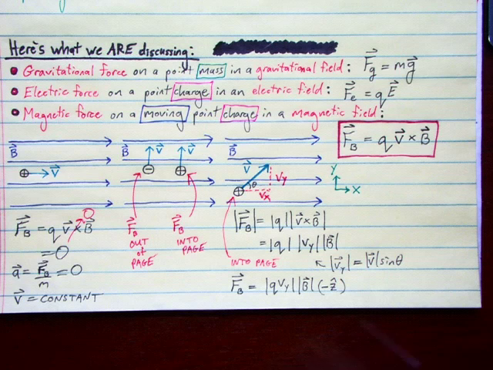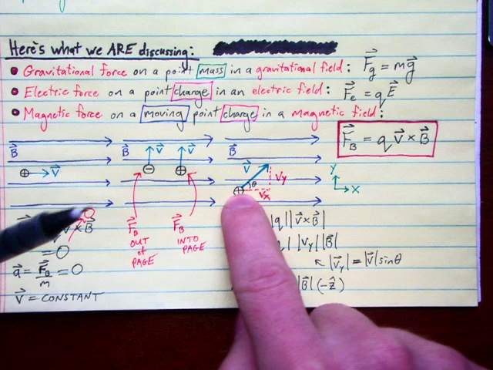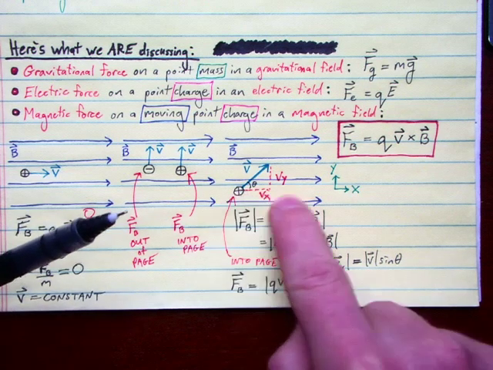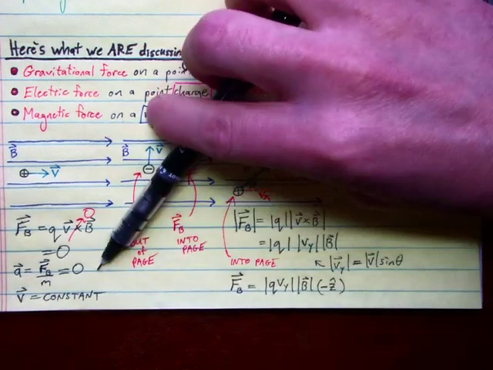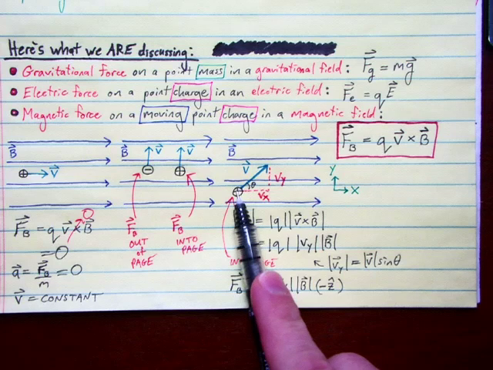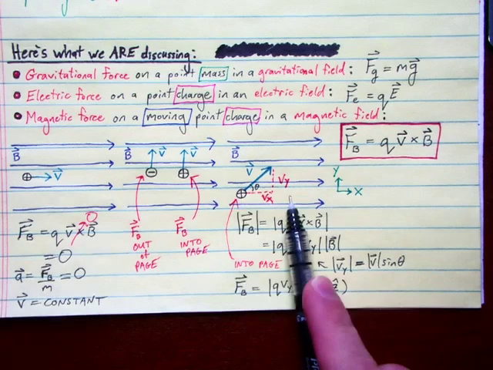Okay, as a result of this, this particle has an x component to its velocity that's not going to change. The x component will be constant, like in our first example way over here. So Vx is not going to change. No acceleration in the x direction if there's no force in the x direction.